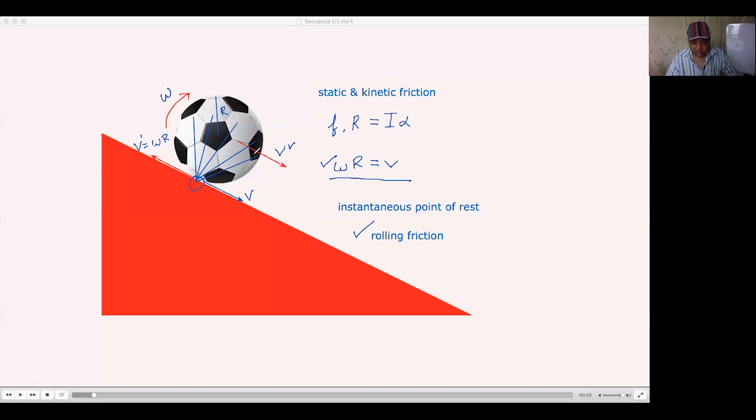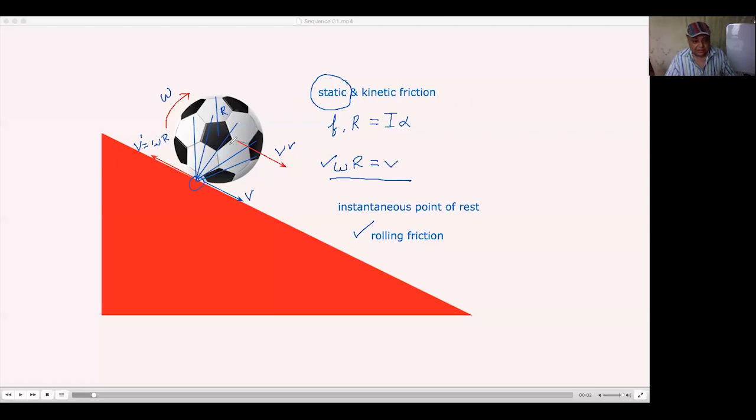This is a position of rest. That is the clue. What would you say? So it's static friction. Very good. Because it's a position of rest, we would classify that as static friction.